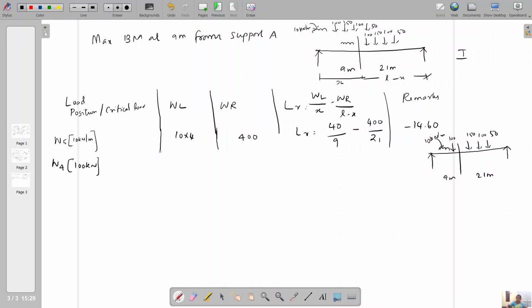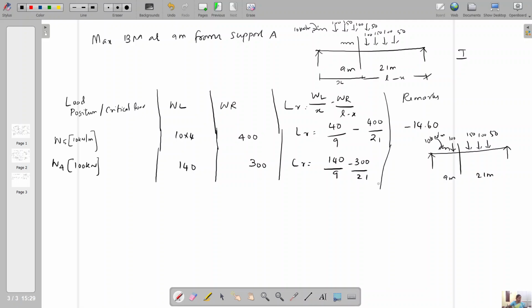Left side load is already 40. Now 100 is added, so 140. Right side load is 200, 300. Right side load 300. So LR ratio equal to 140 by 9 minus 300 by 21.